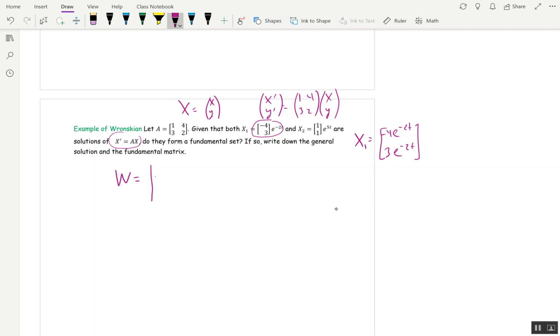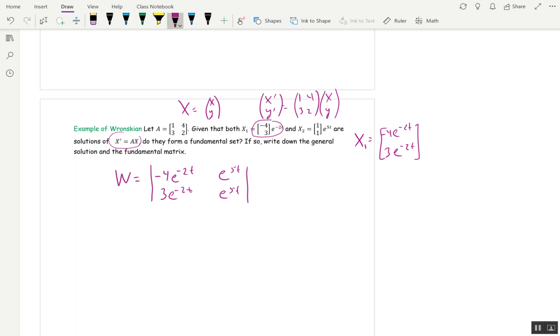So here we want negative 4 e to the negative 2t, 3 e to the negative 2t. That's our first column. And our second column is, again, distribute the e to the 5t, e to the 5t. You're not taking any derivatives.